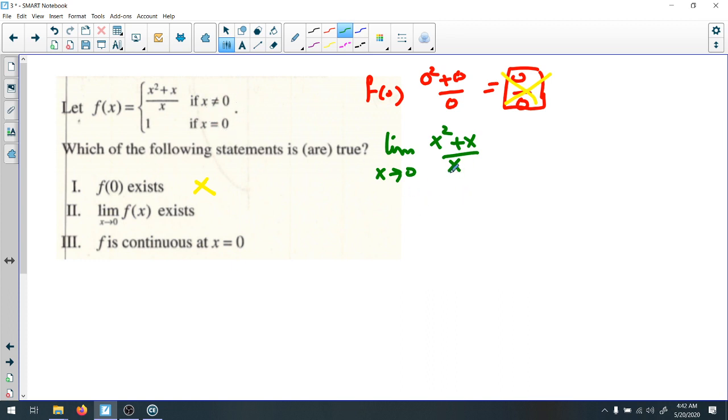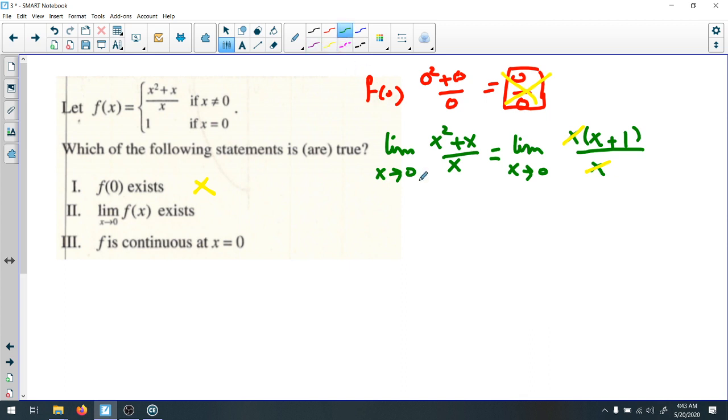To find the limit, you could take x outside, or divide x squared by x and x by x. So simplify: the limit when x approaches 0, you take x outside, x squared divided by x is x, and x divided by x is 1, divided by x. And then we cancel out x with x.